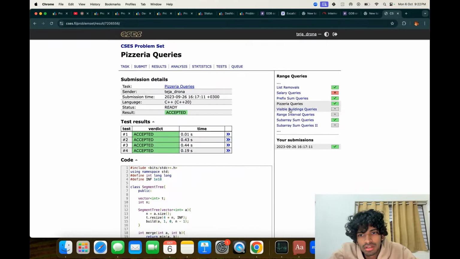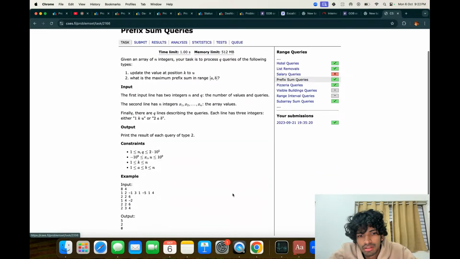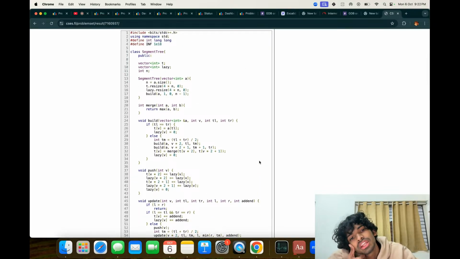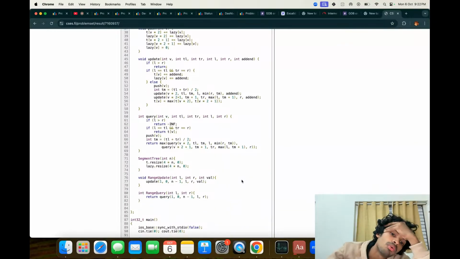No. Okay, we have lazy, and I additionally want minimum minus one, right? Minimum minus one is what I want additionally. The first negative value is what I want.